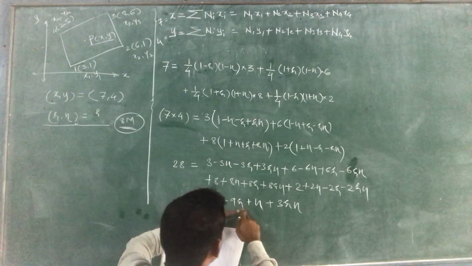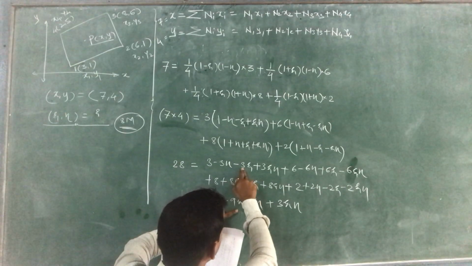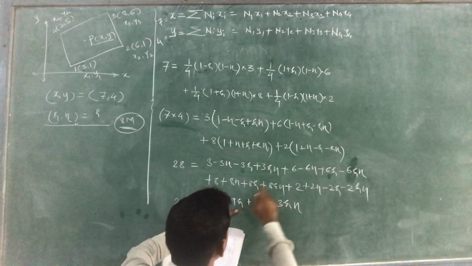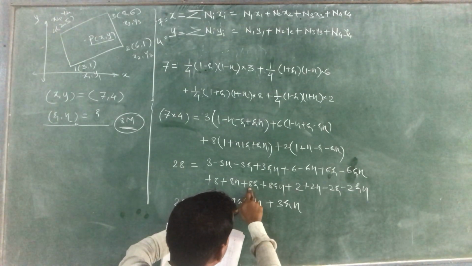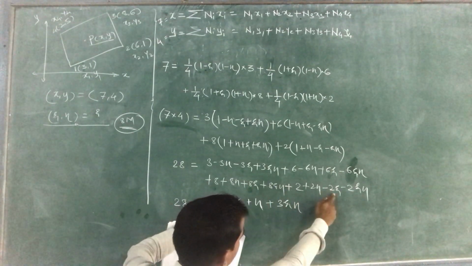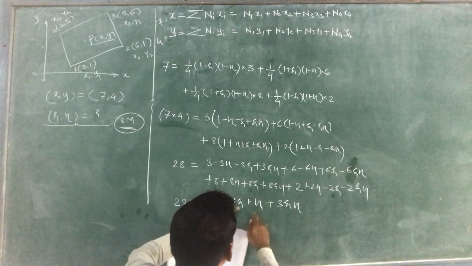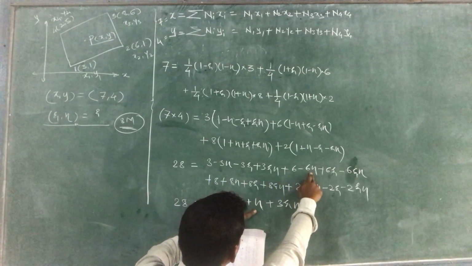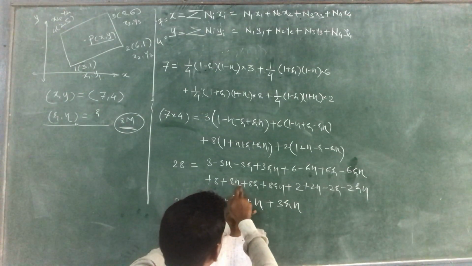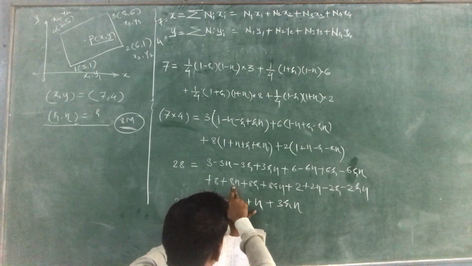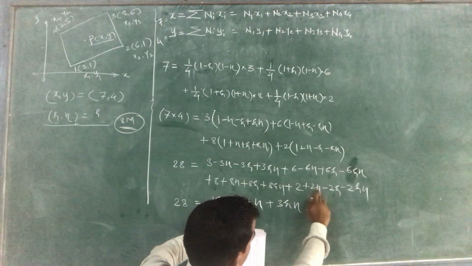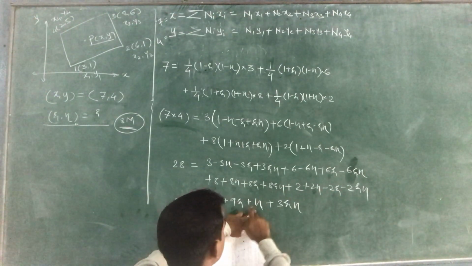Then the zeta terms: minus 3 plus 6 plus 8 minus 2, which is 9 zeta. Now eta terms: minus 3 minus 6 plus 8 minus 1 plus 2, which is eta.